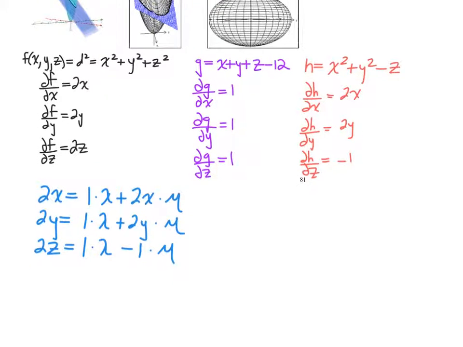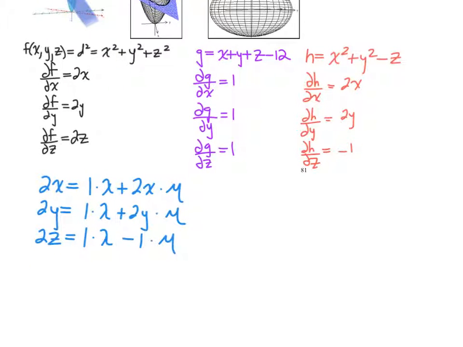It'll all clean up in a minute, but I'll get my constraint equations, which would be 0 equals x plus y plus z minus 12, and 0 equals x squared plus y squared minus z. All right, so that actually gets us back to the original equations for the constraints, right? Because they were just the boundaries to begin with. They weren't even asking for the inner areas, which is slightly different, but doesn't really change anything.